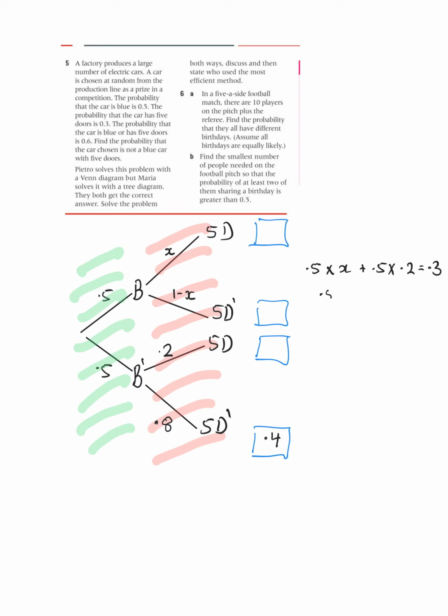So we have 0.5x plus 0.1 equals 0.3. 0.5x equals 0.3 minus 0.1. x equals 0.2 over 0.5, and x equals 0.4.